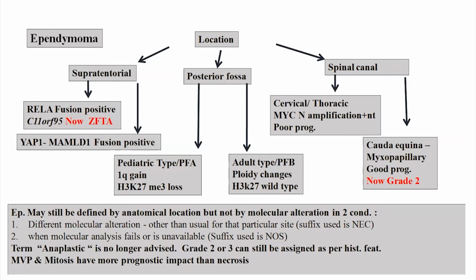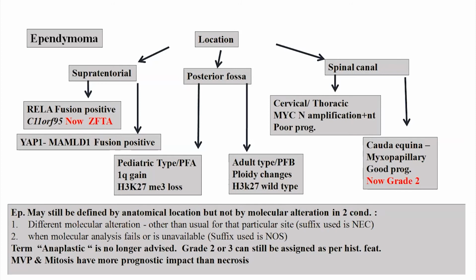So in 2016, the location was introduced, and it was established that the histological findings or histological grading do not play much relevance in the prognostic implication. And now they are 100% sure that, in fact, in 2022, in the WHO CNS fifth edition, in ependymomas, location and molecular classification is a must.